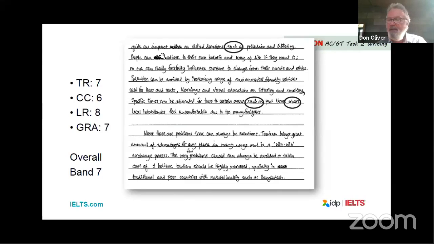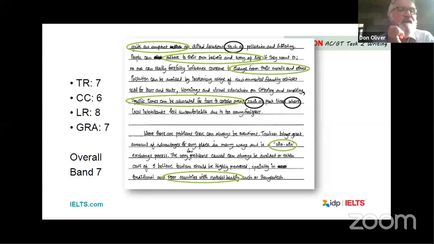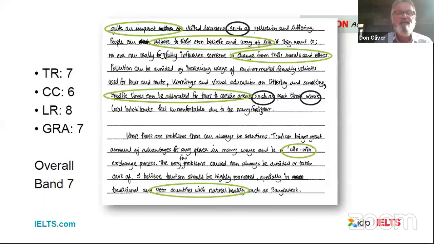But in terms of their lexical resource, of course, they got a high score. They got an 8 for that. Quite an impact. Adhere to their own beliefs and ways of life, etc. Specific times can be allocated. Change from their morals and ethics. Win-win is an idiomatic phrase.